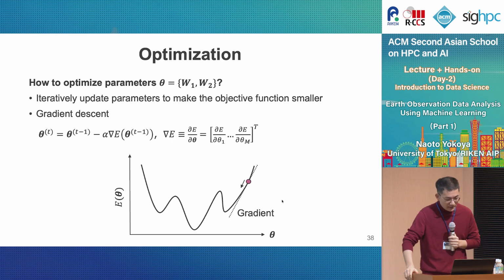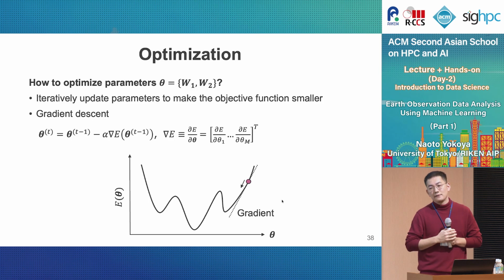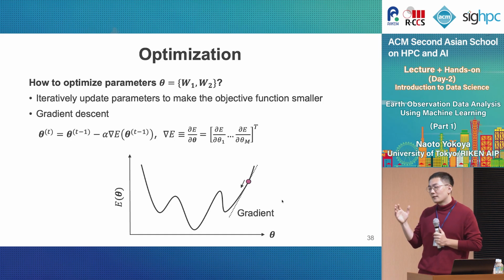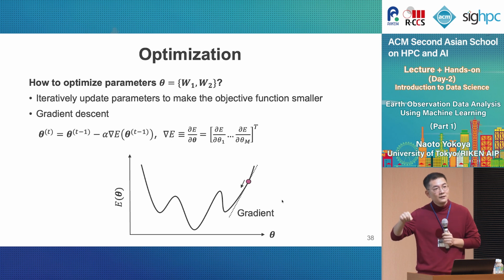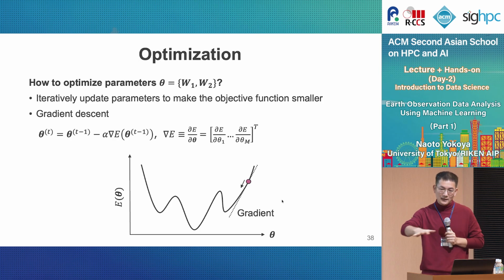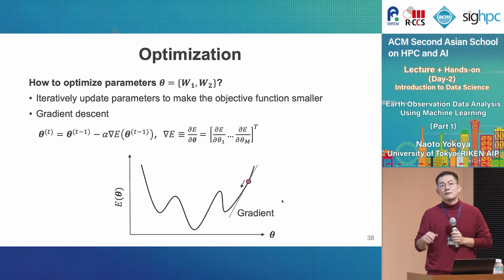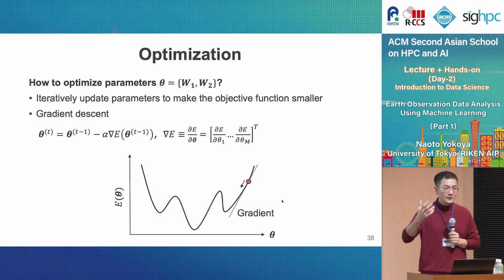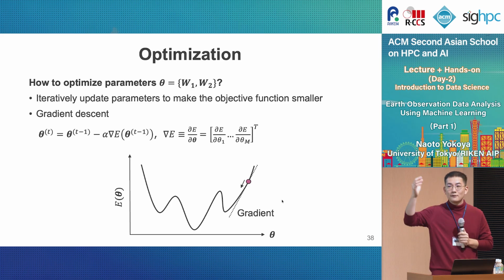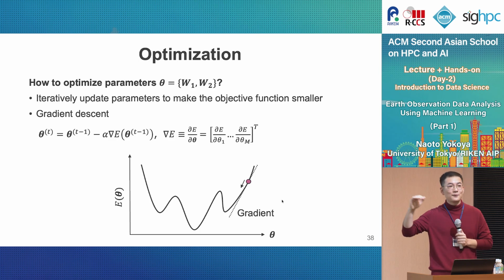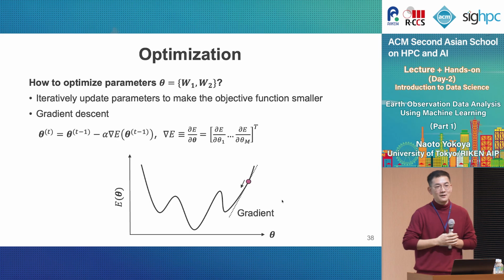Gradient descent is where we calculate the gradient of the objective function with respect to all parameters and try to find the direction where the objective function can decrease. So it's something in the loss landscape. We want to find the steepest direction. An intuitive explanation is that you are on the top of a mountain and you want to go down and go back home as soon as possible.